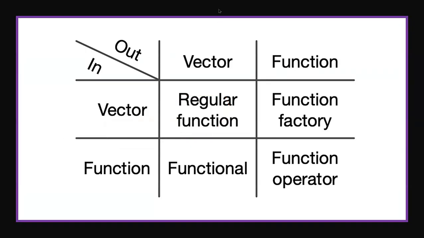So right here, you also have input as a vector, output as a function. That's called function vectoring. You have input as a function, output as a vector, that we call functionals. Okay, let's look at these two.